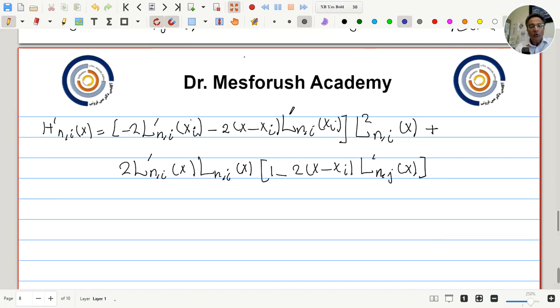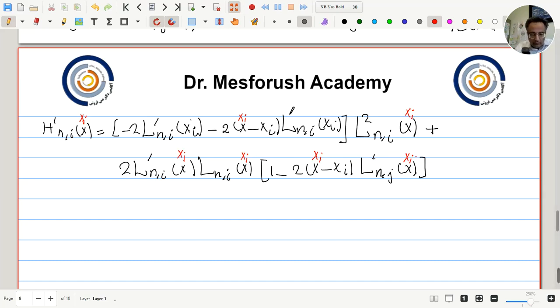Now put instead of x xi, okay, so if I put instead of x xi here, it will be xi here and also xi here and also xi here, xi here, xi here, and finally xi here.